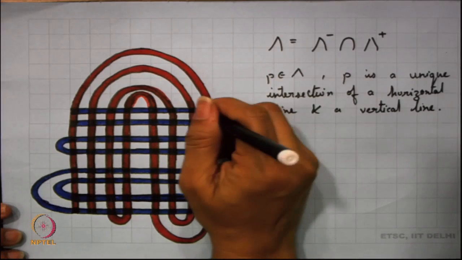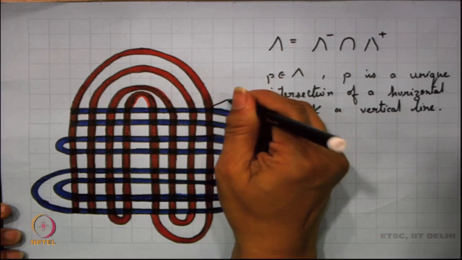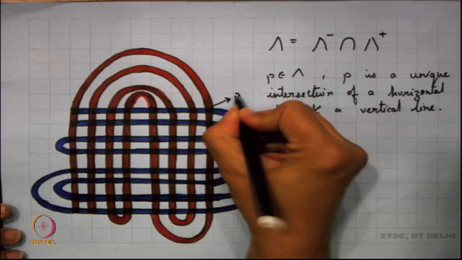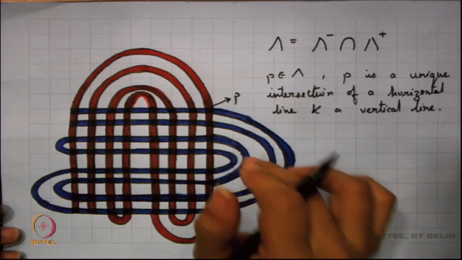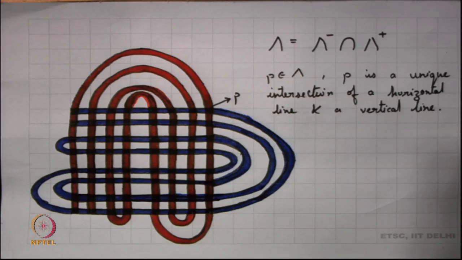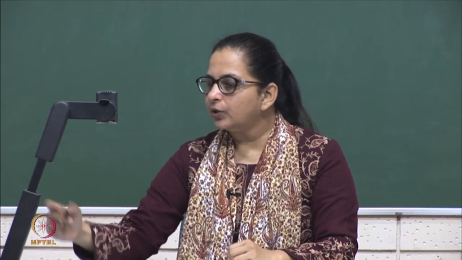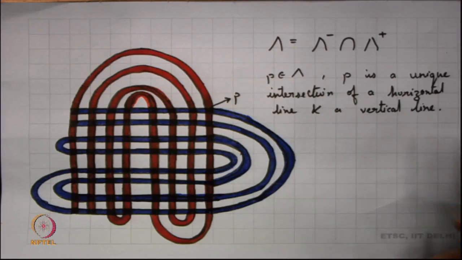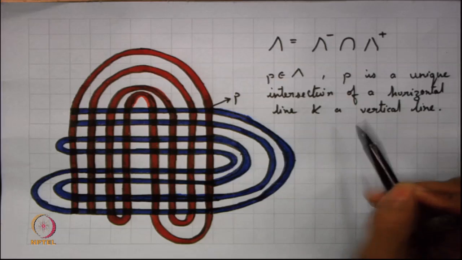You take any point P here. Supposing I want to say that this particular point P is in lambda, then this point P has to be a unique intersection, because we know that two lines will intersect only at one point. So, we find that this is a unique intersection of a horizontal line and a vertical line.